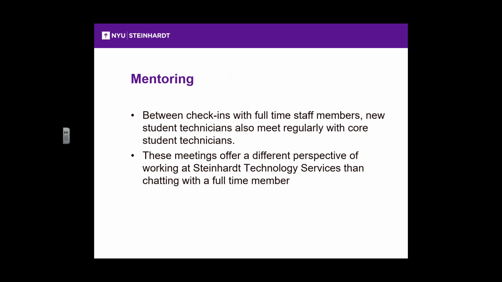These meetings offer a different perspective of working at Steinhardt Technology Services than just chatting with a full-time member. Giving the new student technician multiple ways of thinking about their position is tremendously valuable in their development, and particularly getting the peer instruction is valuable as well.